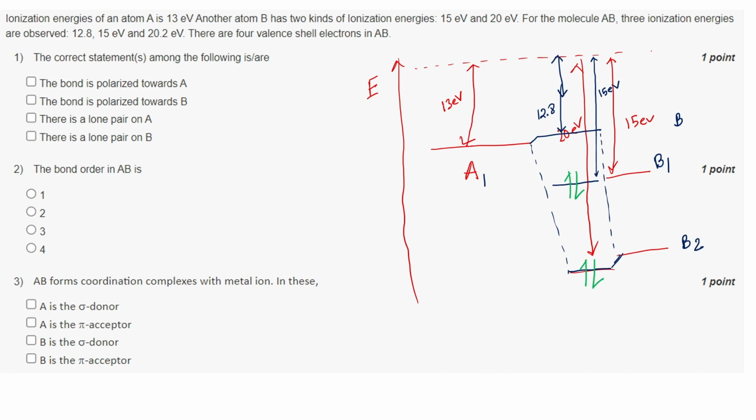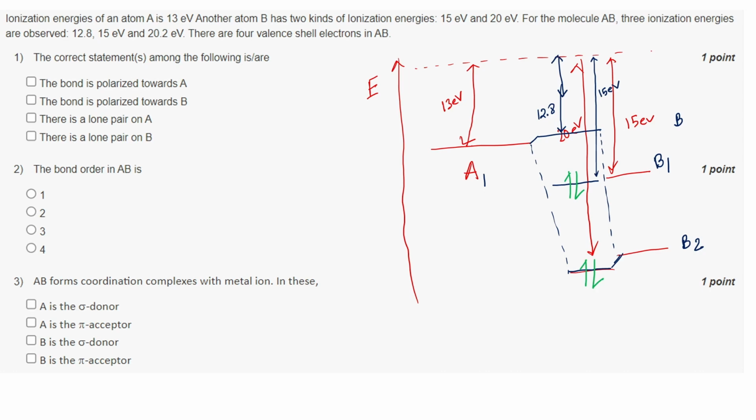The first question is which is the correct statement among these. If there is a bond, bond means the bonding MO. Don't give me the answer. You can see where the electron is, and what is the energy of the bonding MO, which orbital it is close to. Then you can get the idea of which atom your bond is polarized towards, and whatever electrons there are in the non-bonding MO are known as lone pairs.